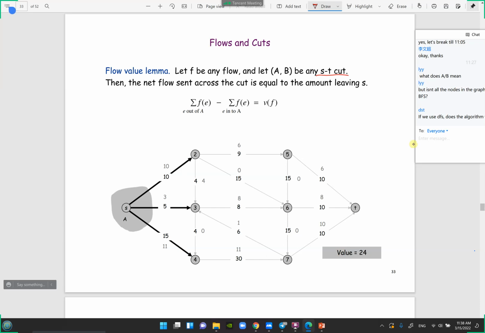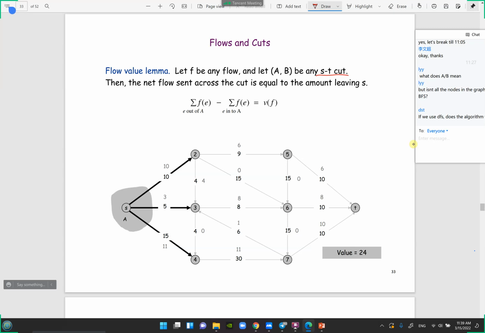Now for any ST cut, the amount of flow across the cut is equal to the amount of flow leaving S. This is the flow value lemma. For example, suppose you have a flow like this. The total value of this flow is how much flow is going out from S: 10 plus 3 plus 11, which is 24.